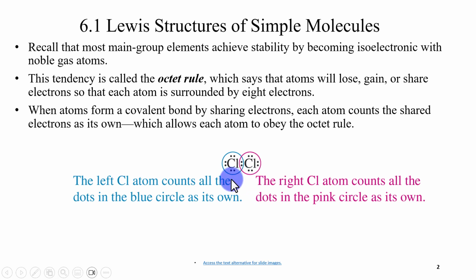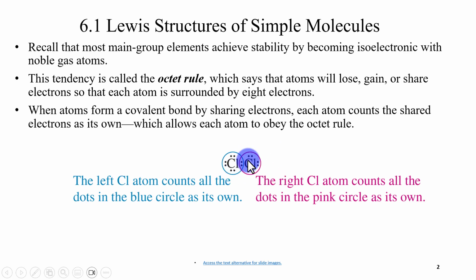Remember that chlorine is group 7, which means it has 7 valence electrons, and it's only 1 electron away from having a full noble gas configuration of argon. To do that, it only needs 1 electron. This chlorine only needs 1 electron.